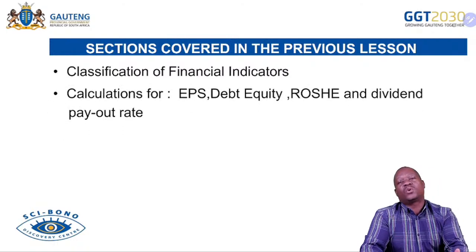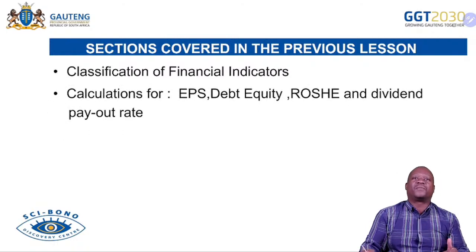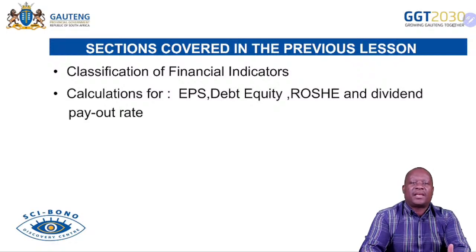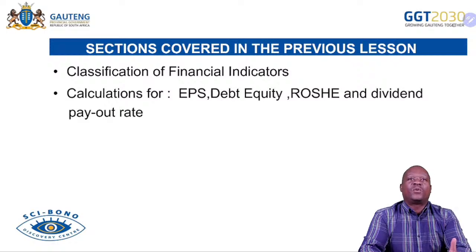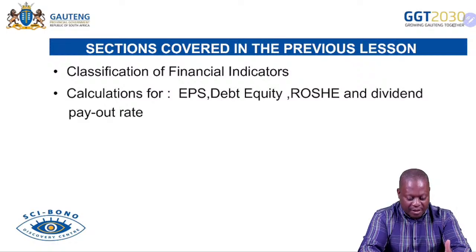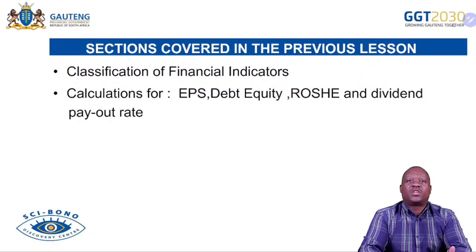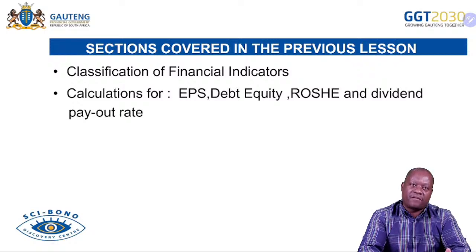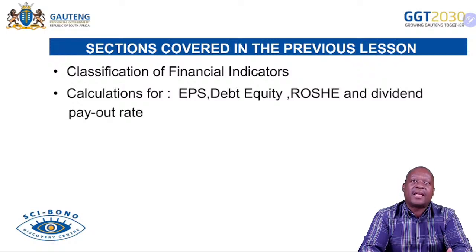And then we also looked into calculations of financial indicators. We never went through all the financial indicators that I gave you, but we picked up a few of them. I still remember we looked into the earnings per share, the debt equity ratio, the return on average shareholders' equity, as well as the dividend payout rate.